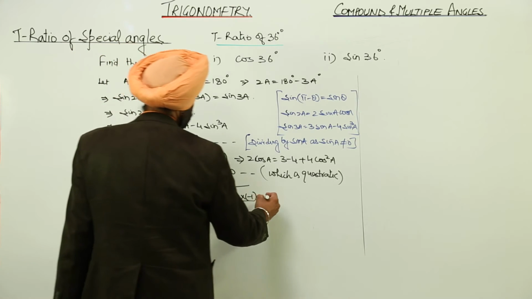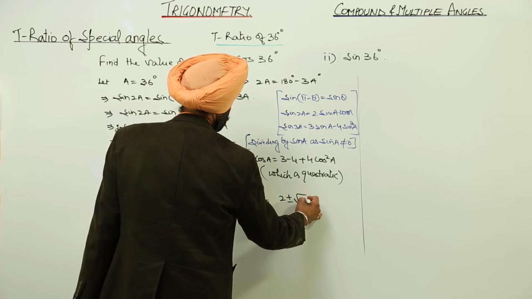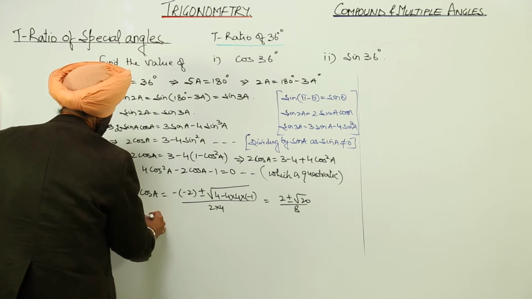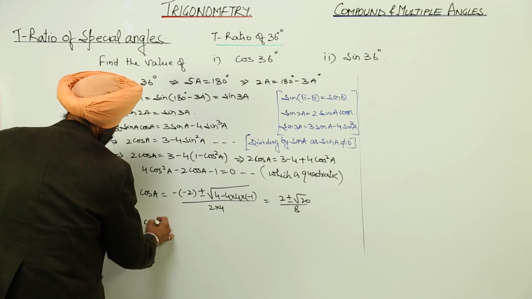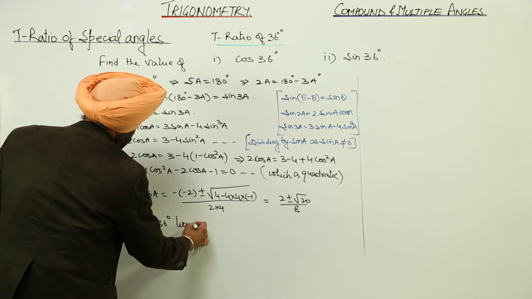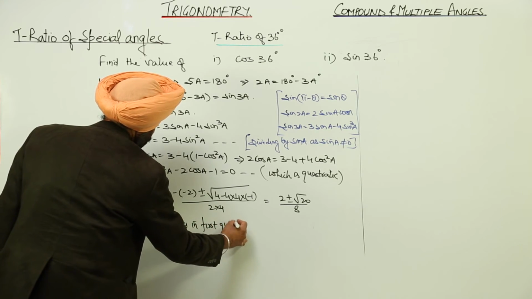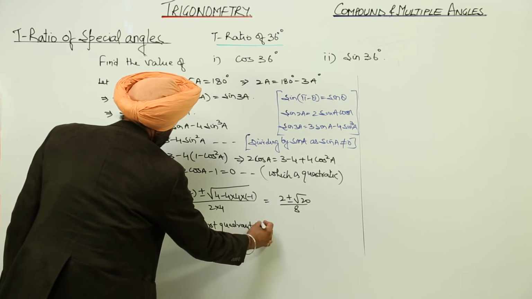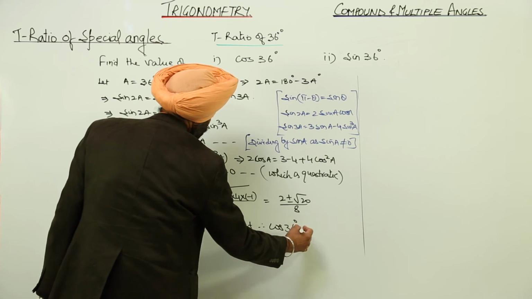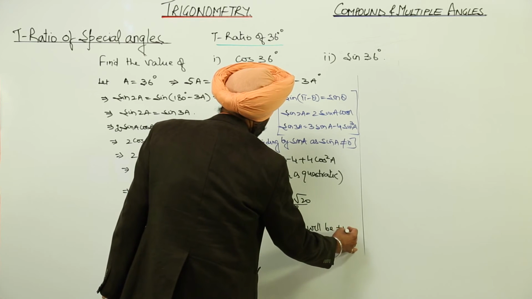Now this becomes 2 plus minus under root 20 upon 8. Now cos 36 degree lies in the first quadrant, therefore cos 36 degree will be positive.